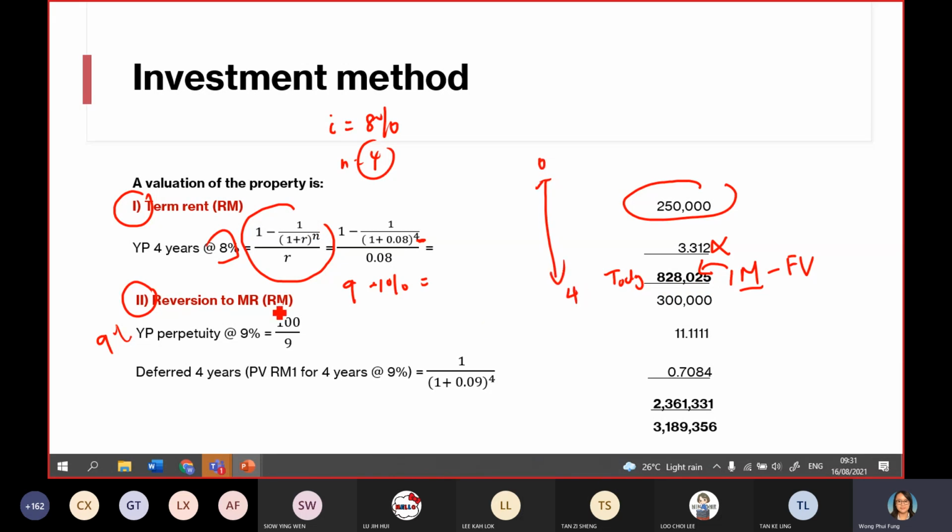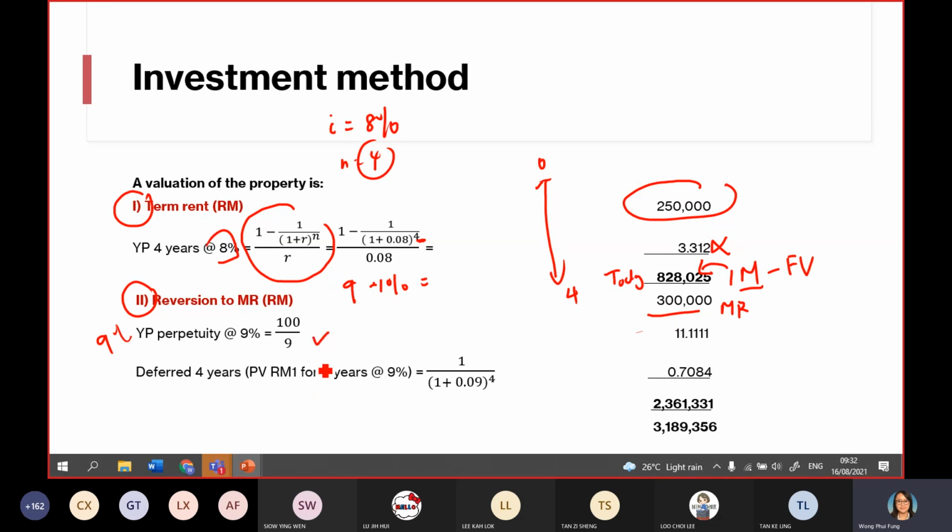Okay, then after 4 years, the lease will end. When the lease ends, the owner is going to charge market rental, MR. So for MR, you have to use two calculations here.